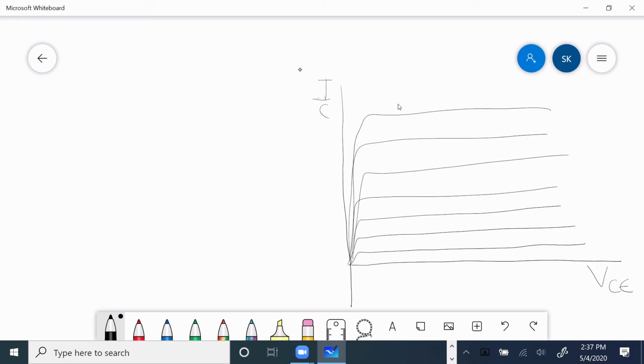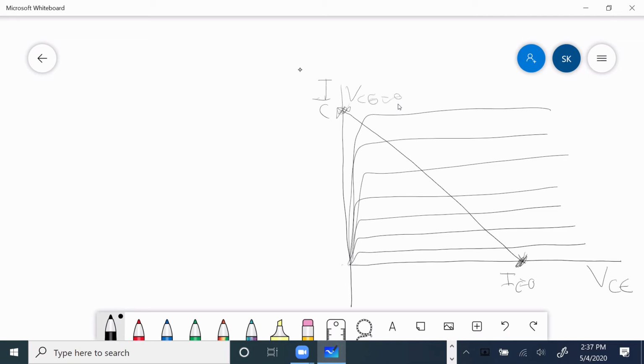My load line is like this. Only the two ends of my load line matter. Here at this point IC is equal to 0, and at this point VCE is equal to 0.